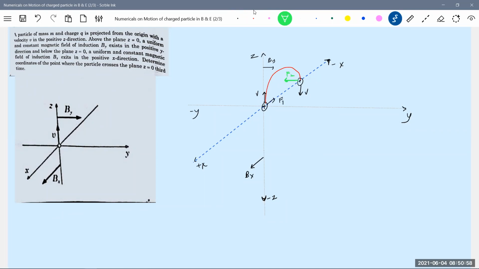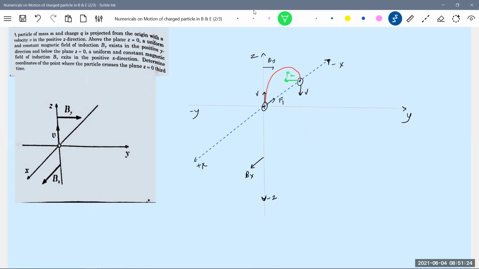How should the particle move now? In which plane should it move? The z minus y plane. So here it's not possible.